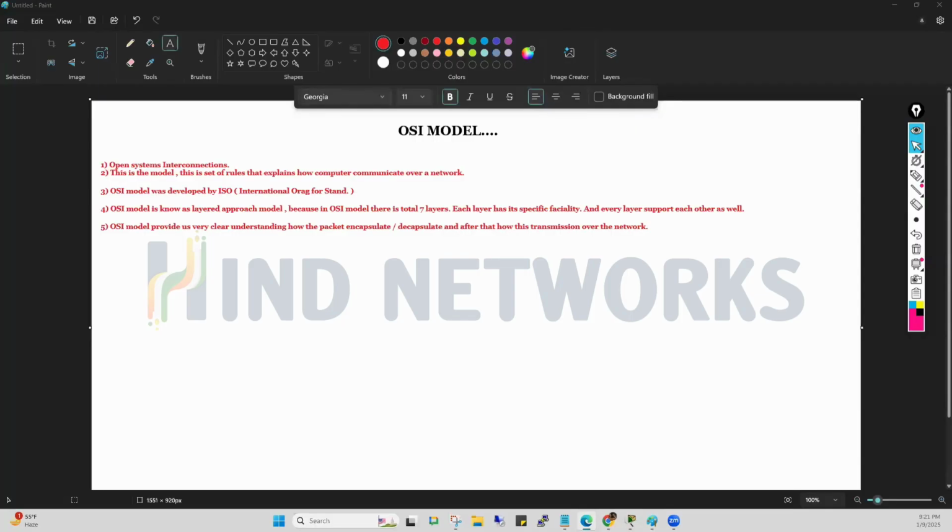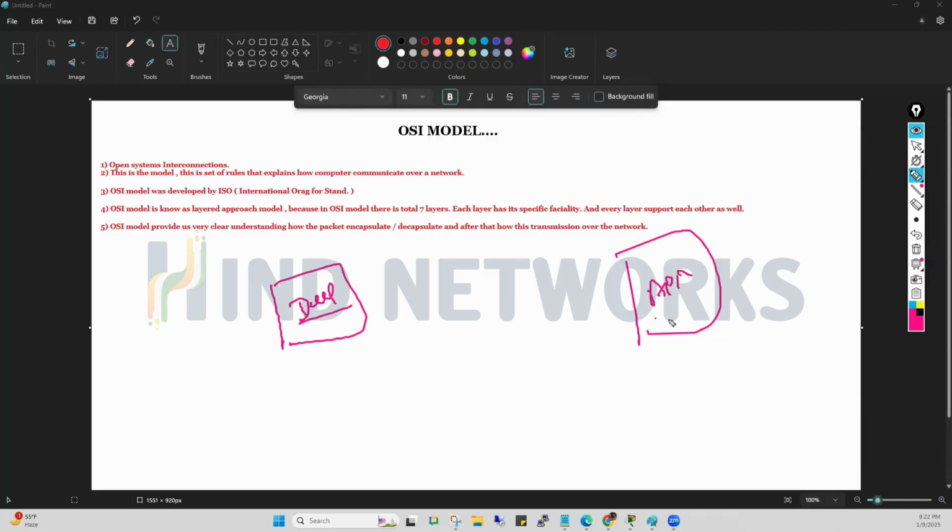So, guys, please remember the OSI model is very important because it helps different devices and technologies from different manufacturers to communicate with each other. Previously, there was a problem. For example, you have a device from the manufacturer Dell, a Dell laptop, and you also have an Apple device, an Apple computer.